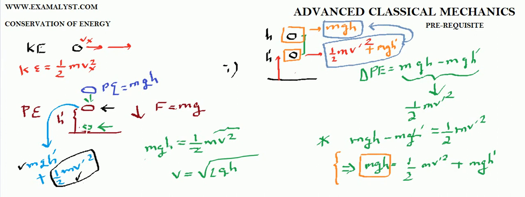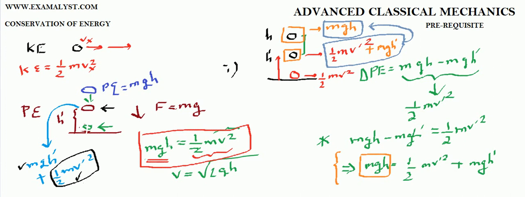Now when the ball is very near to the ground, the entire m g h will get converted into kinetic energy. So m g h is half m v square. It means that the complete potential energy has got converted into kinetic energy. So at this point, we have only kinetic energy, that is half into m into v square.